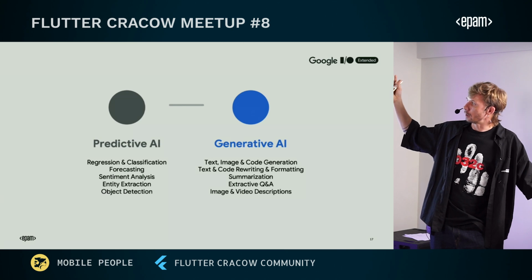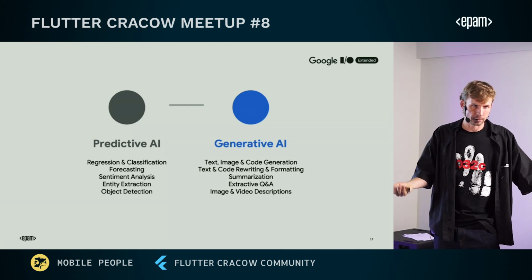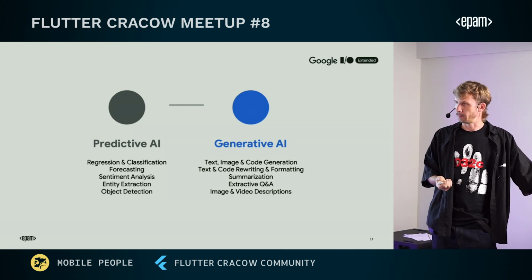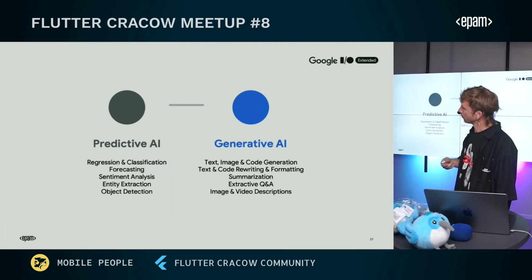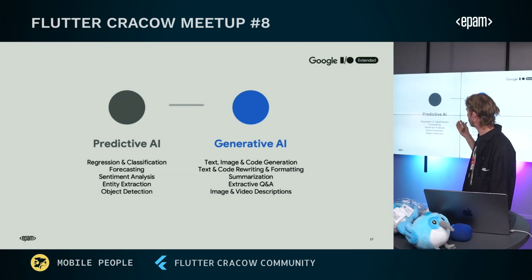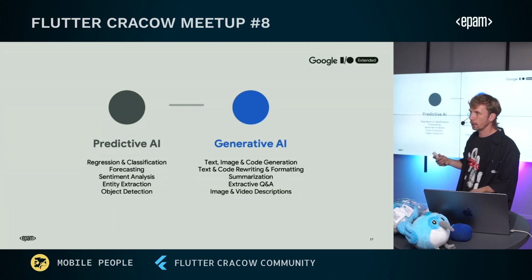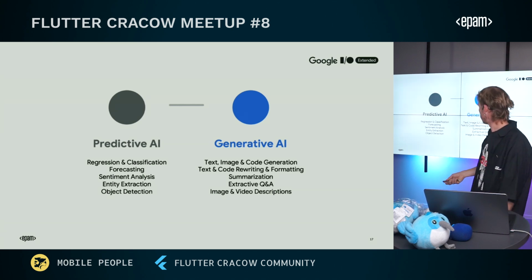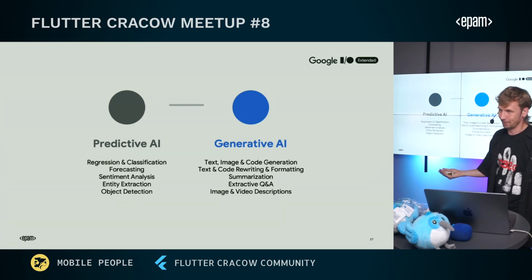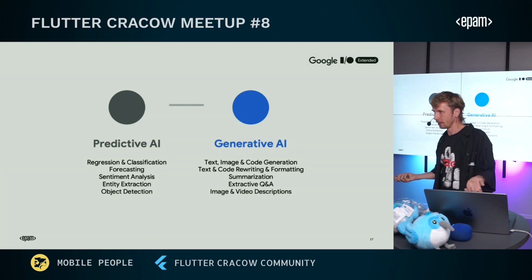The difference is the type of tasks that this AI solves. For example, predictive AI usually does regression, classification tasks, forecasting. You can read it. And generative AI, as I mentioned before, is generating.